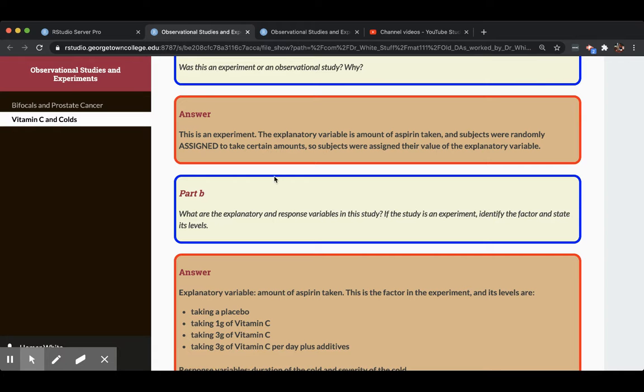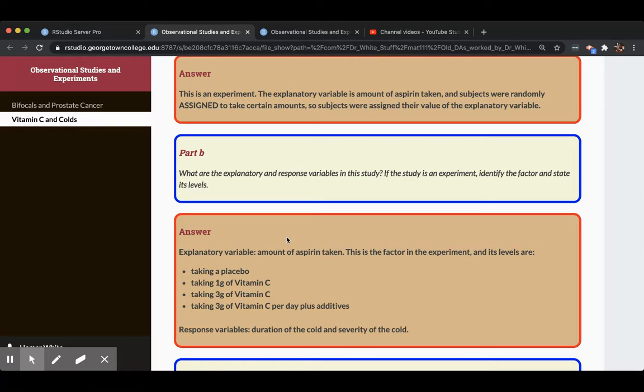Next question, part B. What are the explanatory and response variables in the study? If the study is an experiment, identify the factor and status levels. So the explanatory variable we've already seen. It's what group you're in, how much vitamin C you're prescribed to take when you have a cold. In the book and the slides, they tell you that another name for an explanatory variable is the factor.